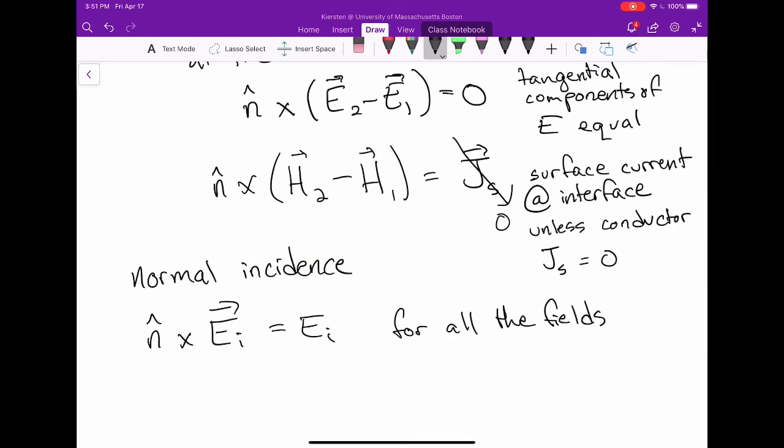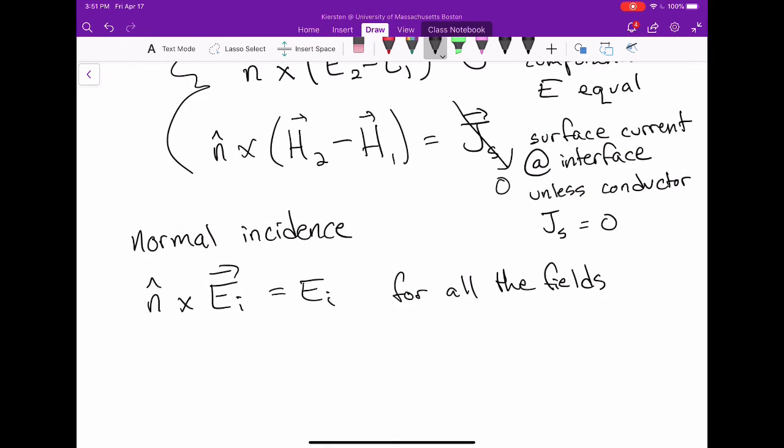we can rewrite these boundary conditions as E2, which is actually just the transmitted wave, minus EI plus ER, because that's the field in medium 1, which is the incident and reflected wave.